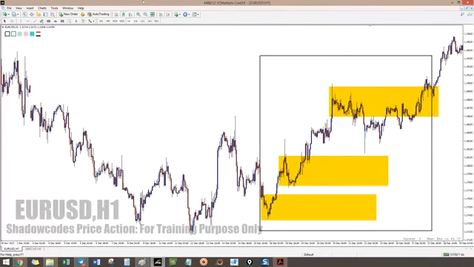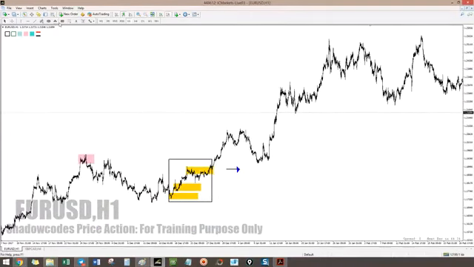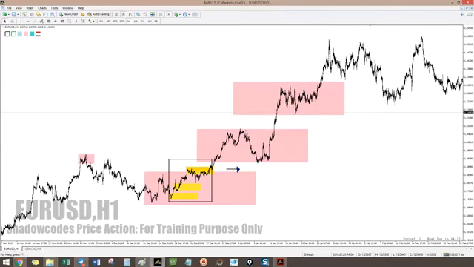So how about a bigger picture? For example, you have something like this: 1, 2. This is also good. I will mark this one, and then this 3. So I have 1, 2, 3.